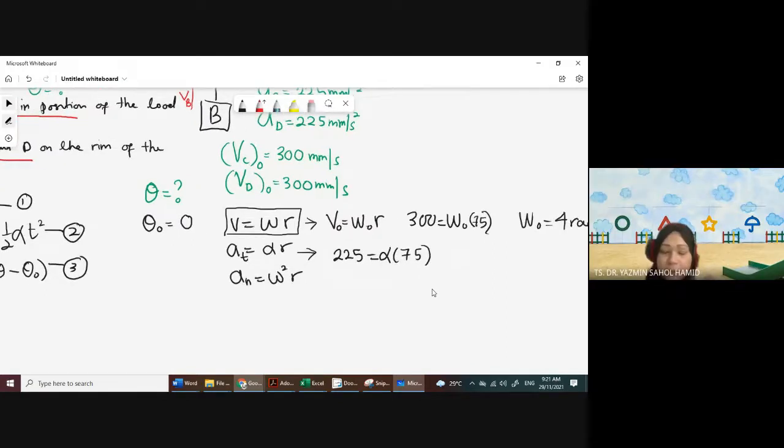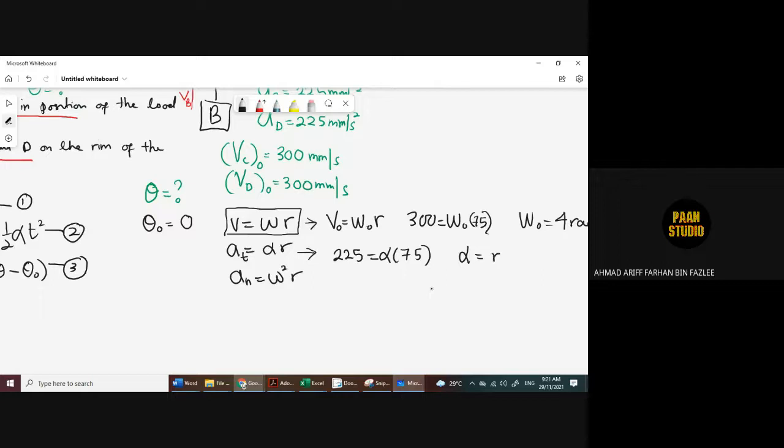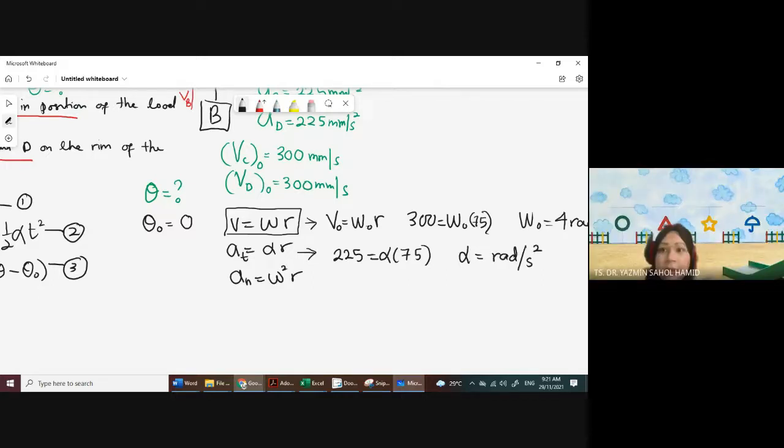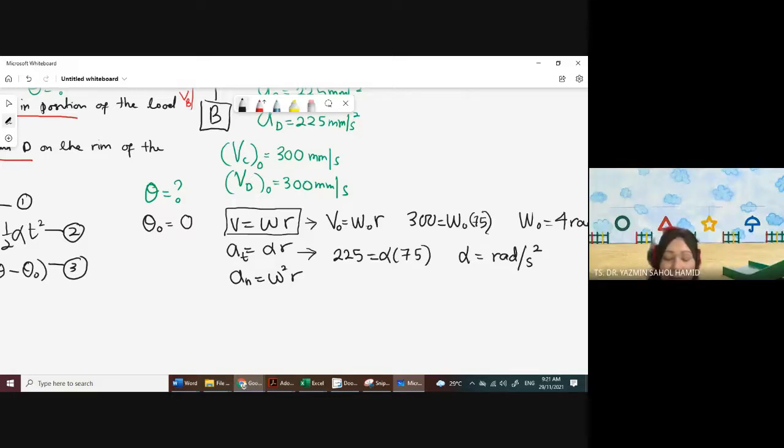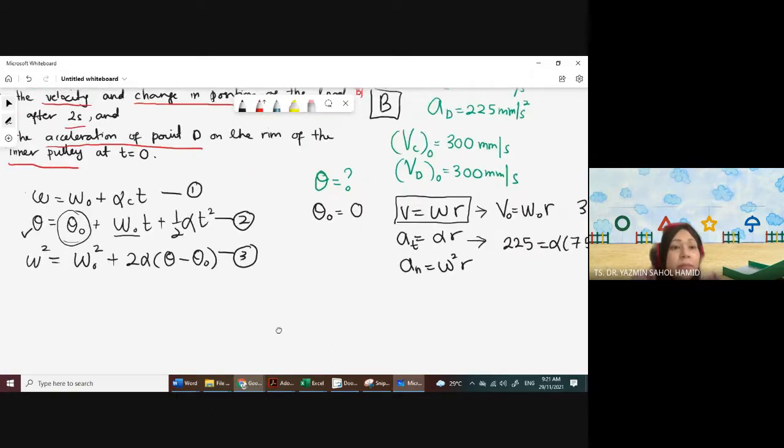Unit dia apa? Radian per second square. Okay, alright, good. So sekarang ni kita dah ada omega naught, kita ada alpha. Mana-mana balik formula tu?